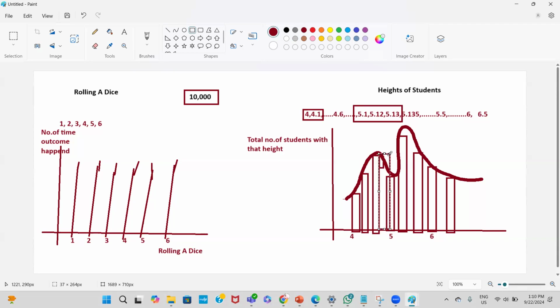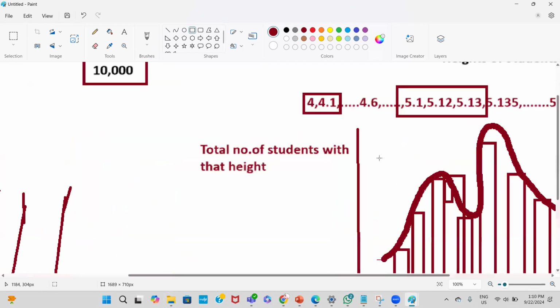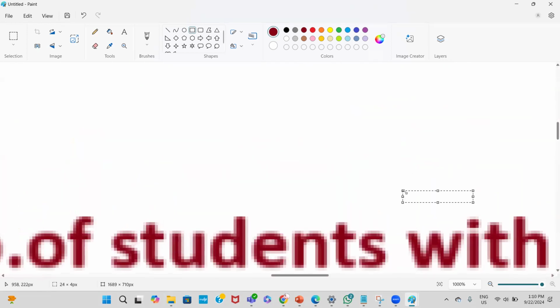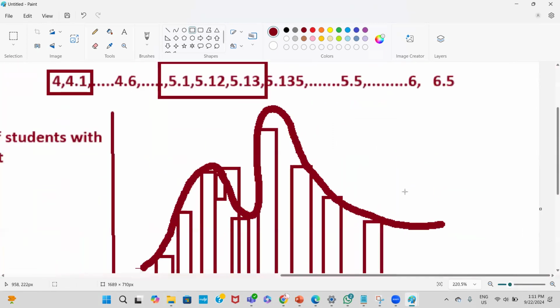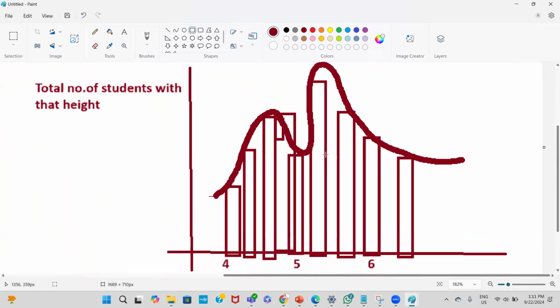It looks similar to this, right? When you make it a little smaller, the graph looks similar to this. You just have to make the bins, the ranges, much smaller.